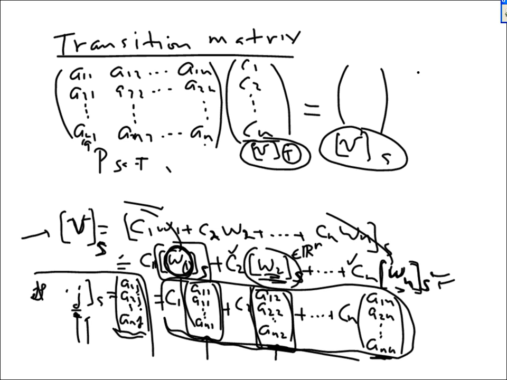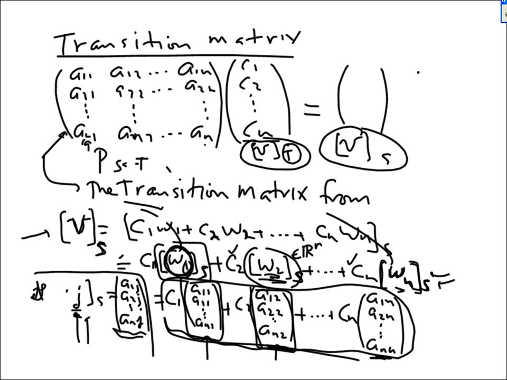This matrix is called the transition matrix from the T basis to the S basis.